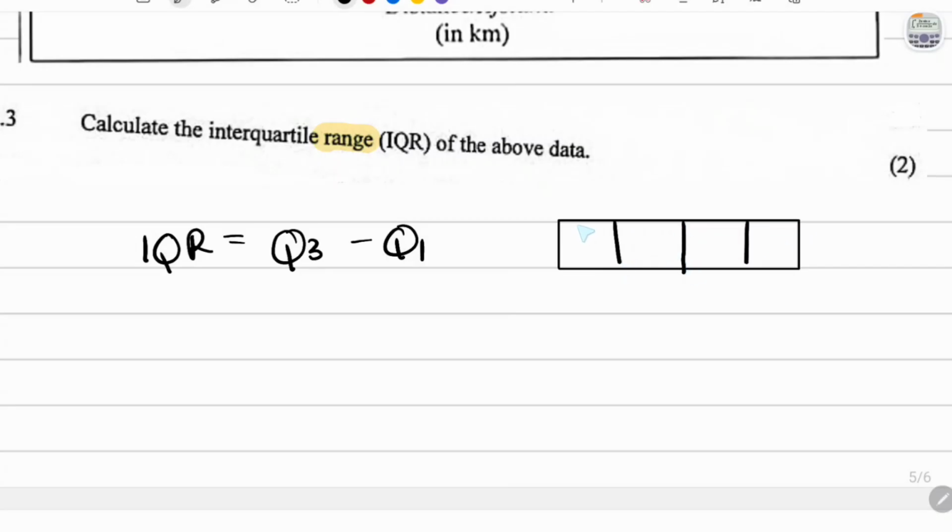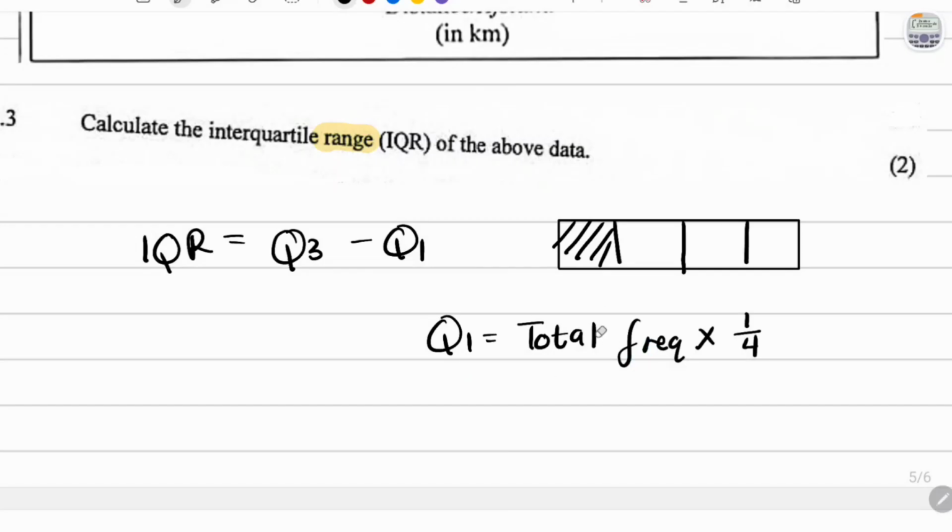If you're looking for the first quartile, you can see that out of these 4 blocks, this is 1 out of the 4 parts. So in order to find that quartile, you're going to take your total frequency multiplied by 1 out of the 4 parts, and that would give you the position of your Q1.